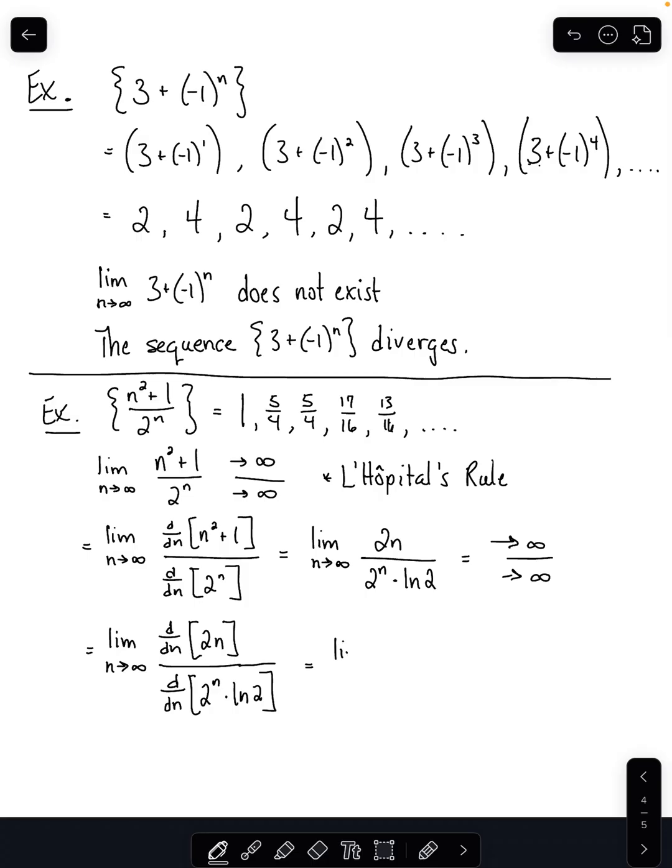Of course, then, the derivative in the top is just going to be 2, and that's good enough to break the indeterminate form, because even when n goes to infinity, the numerator will remain a 2. In the denominator, the natural log of 2 is a constant coefficient, so the derivative of 2 to the n is 2 to the n times the natural log of 2, times the natural log of 2 that's already there.